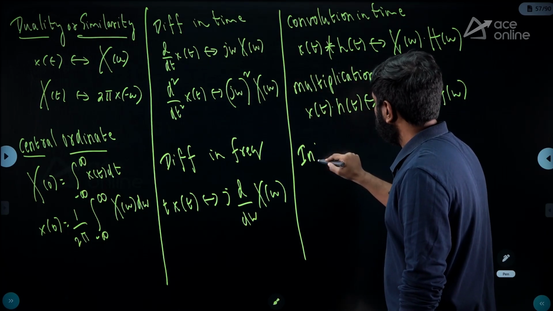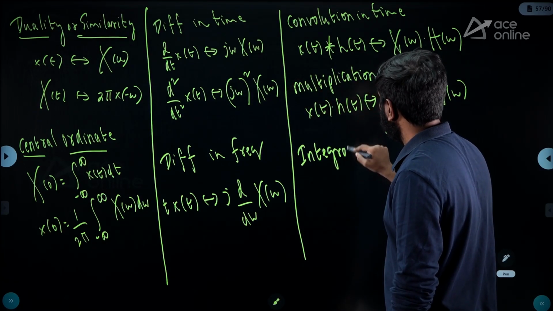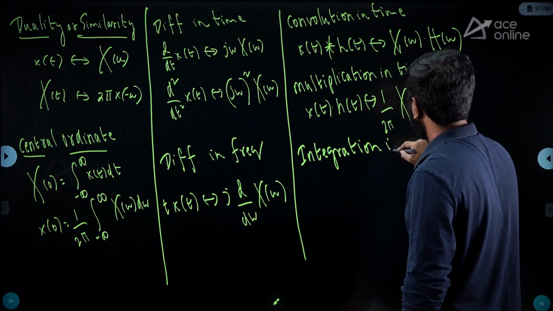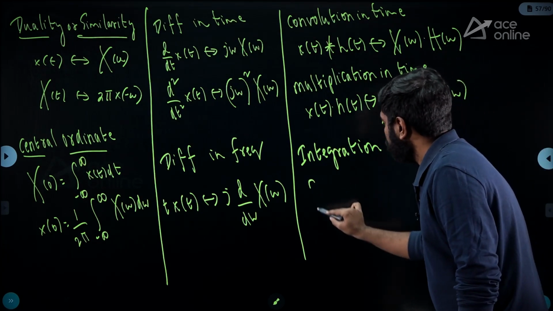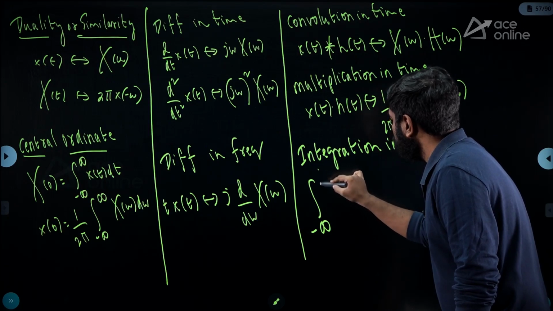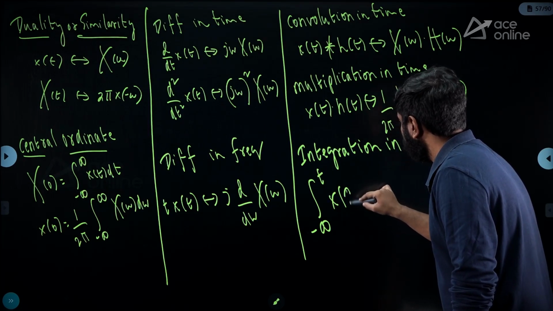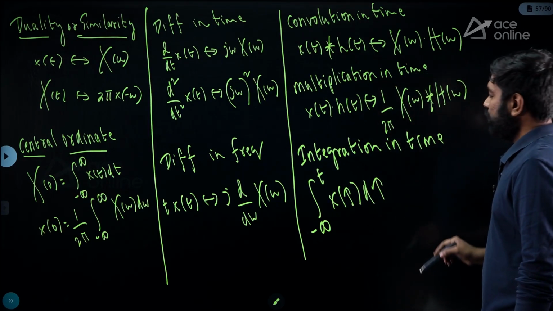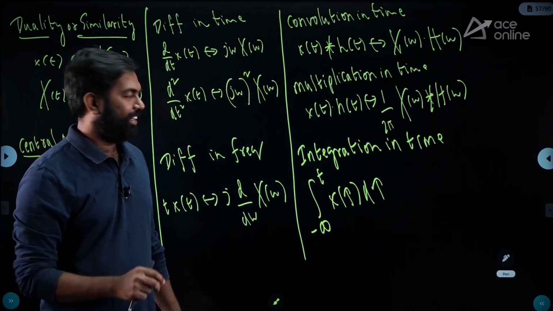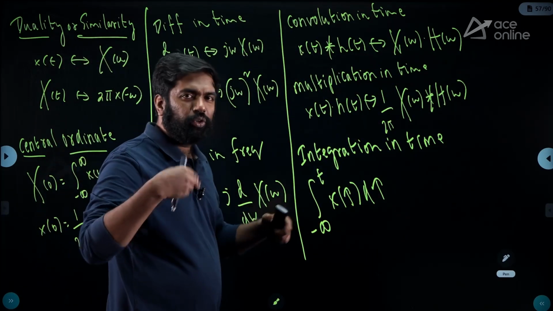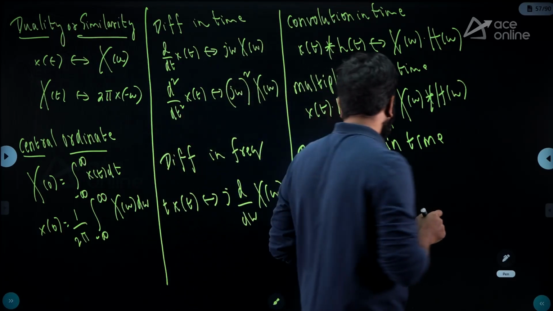It's called integration in time. So what does this property say? Integral from minus infinity to t of x of tau d tau. You are not finding the Fourier transform of x of t. You are integrating from minus infinity to t, getting a new signal, and you are interested in the Fourier transform of that.